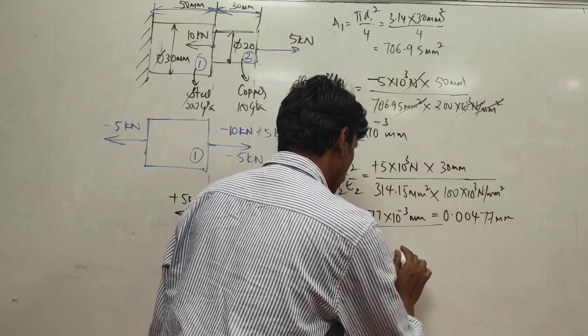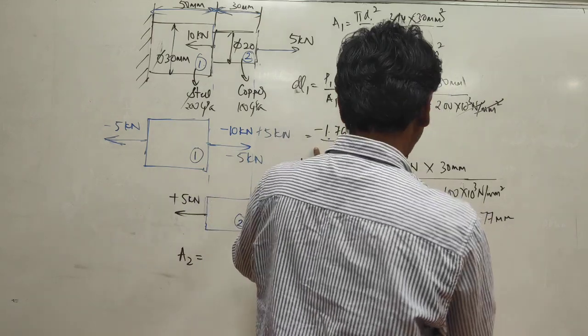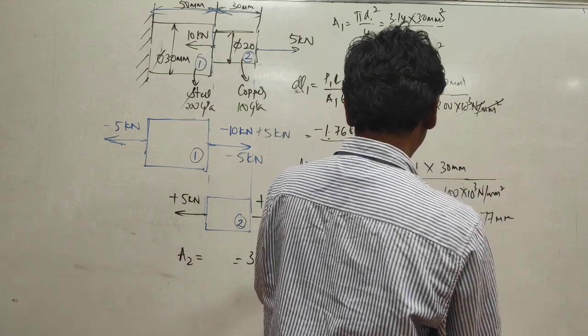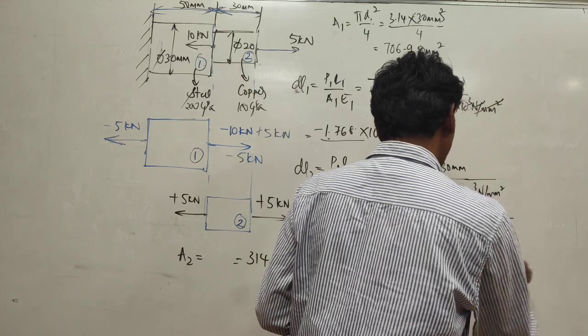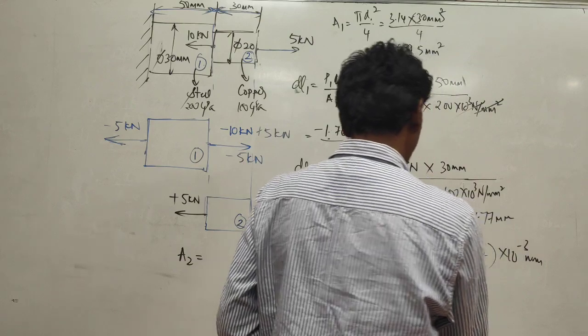So dl1 is minus 1.768 into 10 to the power of minus 3, plus 4.77 into 10 to the power of minus 3.